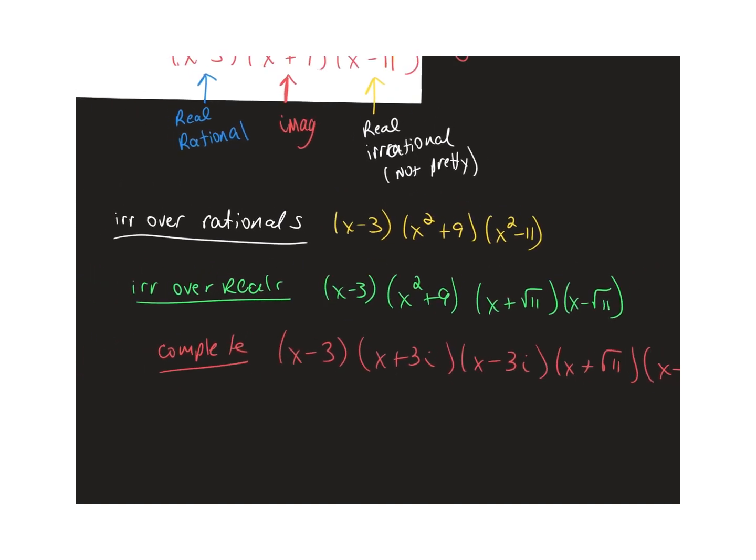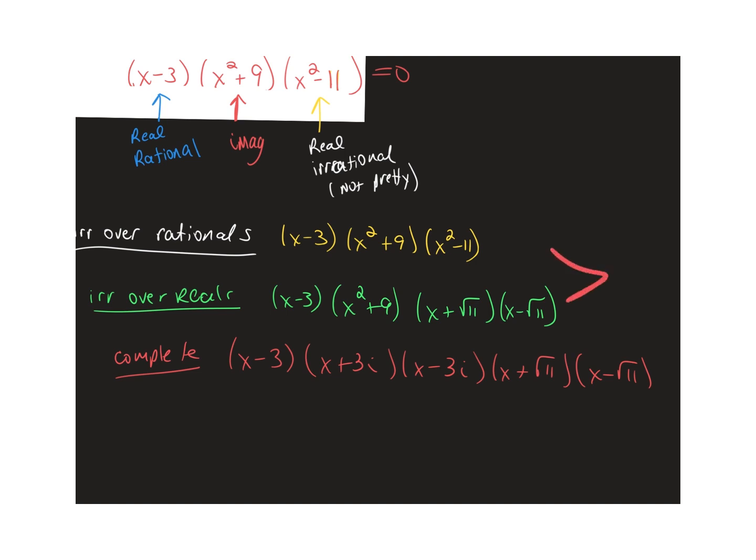It's these two, for whatever reason, that give you guys trouble. But you all can handle complete. You can handle finding the zeros, because if you go one step ahead, what does your x equal? X equals 3 here. X equals plus minus 3i. And x equals plus minus root 11.